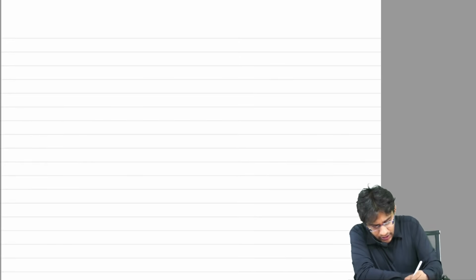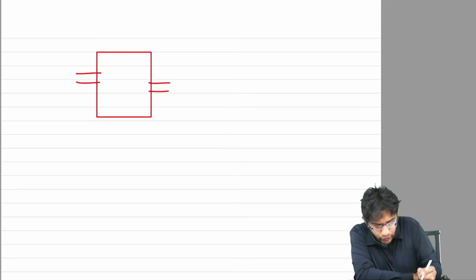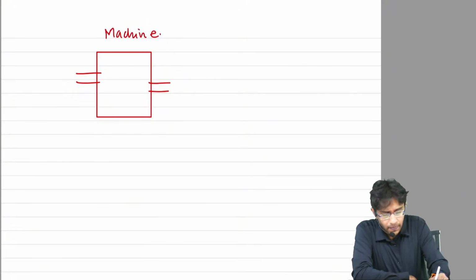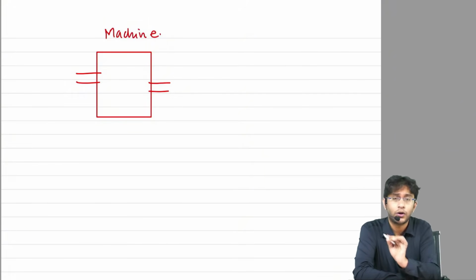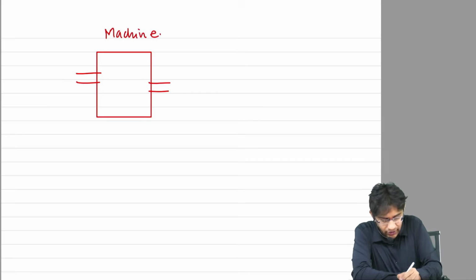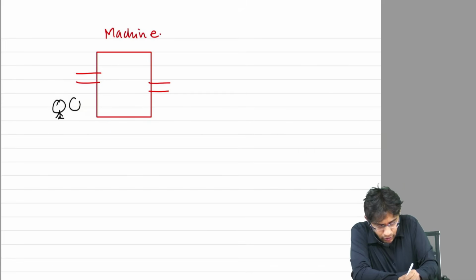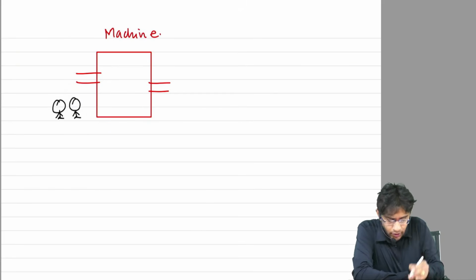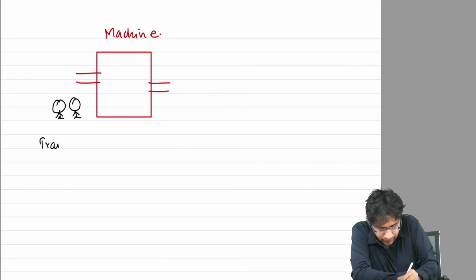Let's say, sir, I imported some machine from Korea. Now, our employees do not know how to operate this asset. So what I have done, I have got two people from Korea who are providing training to our employees on how to use the asset.